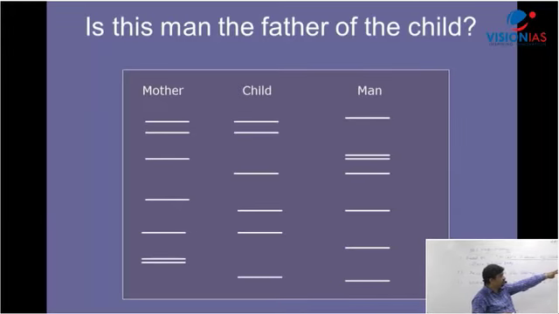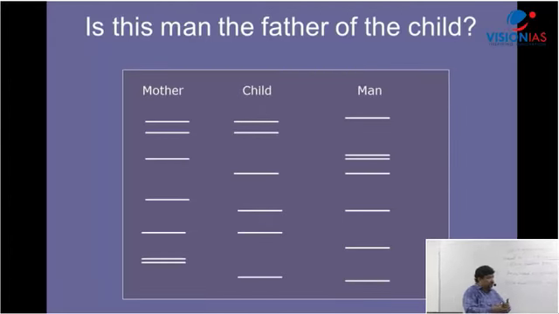See, the first two have matched with the mother. The third one is matching with the father, that man, right? Then the fourth one also matches with the man. The fifth one is the mother. Right? The last one matches with that man too. So it proves that the man is the father.